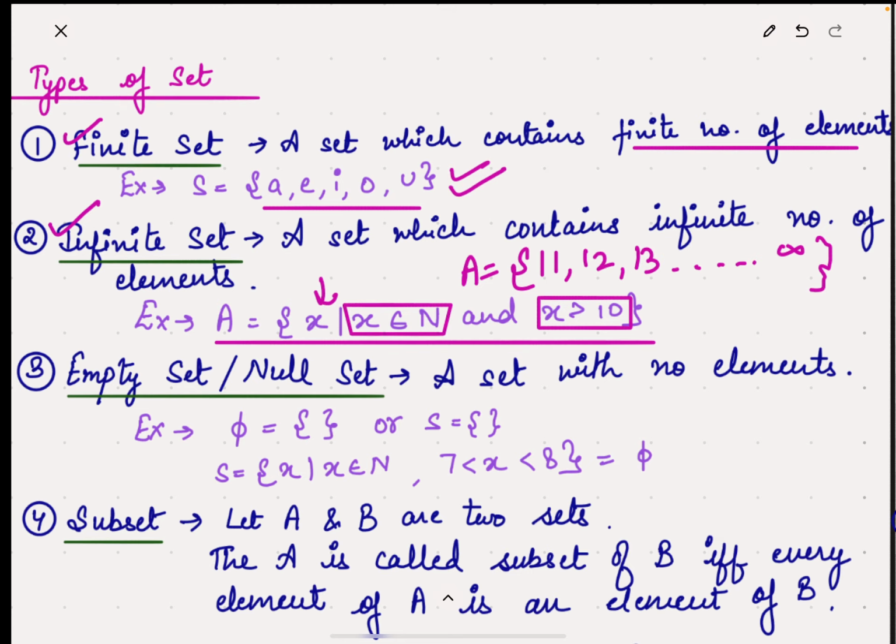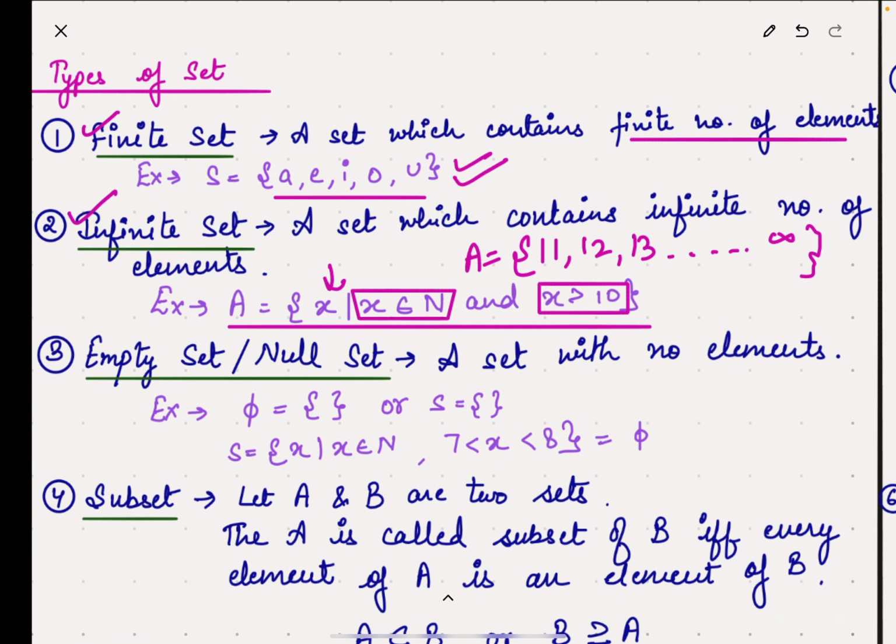Third one is the empty set or null set. An empty set is a set with no element. No element is present in an empty set. We represent an empty set using this notation or simply curly braces with no element in them.